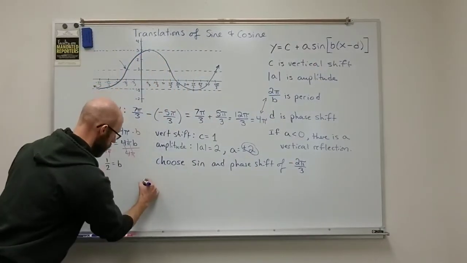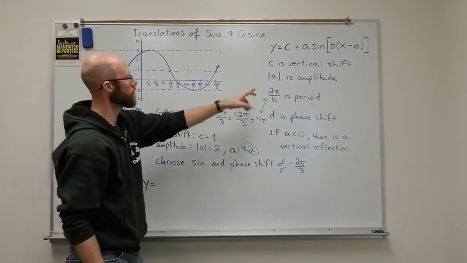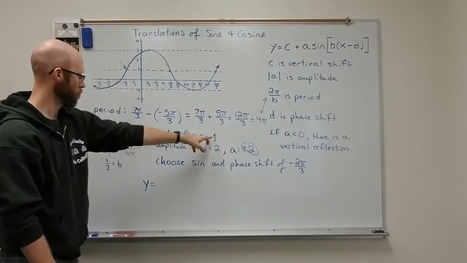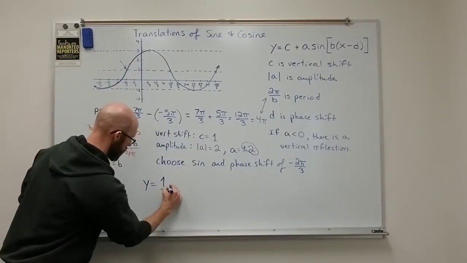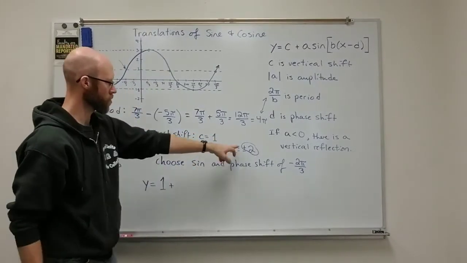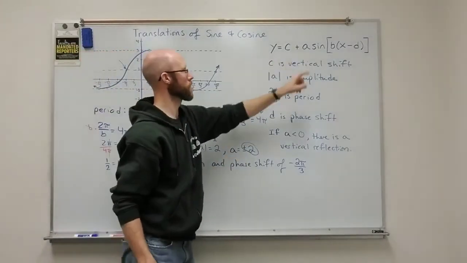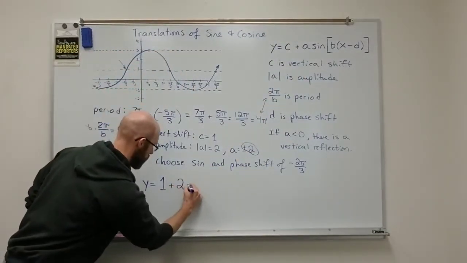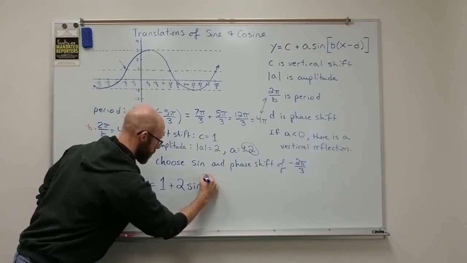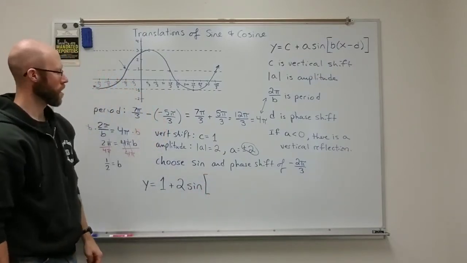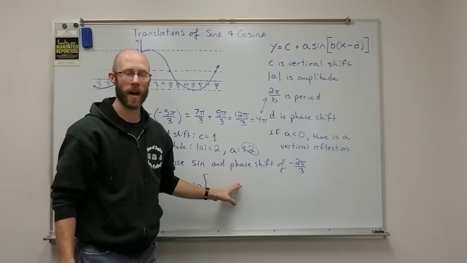Okay, now with all of this in mind, I should be able to just piece everything together into the equation. So I'd have y equals, now the c value is first. I'm going to put a 1 in there for c. I said I'm going to use a positive for the a, so +2. We're going to go with a sine. Now my argument is going to be in factored form.